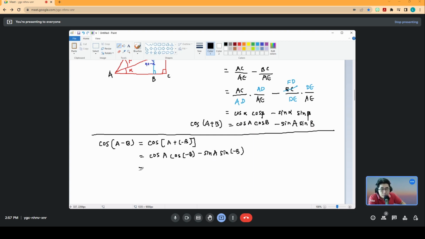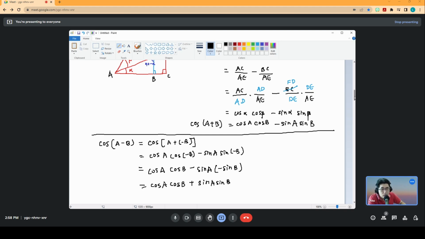Then from P1, cos A is just cos A itself. Cos of negative B, from P1, we know that is cos B. Minus sine A, and from P1, sine of negative B is negative sine B. Therefore, over here, we have cos A cos B plus sine A sine B.